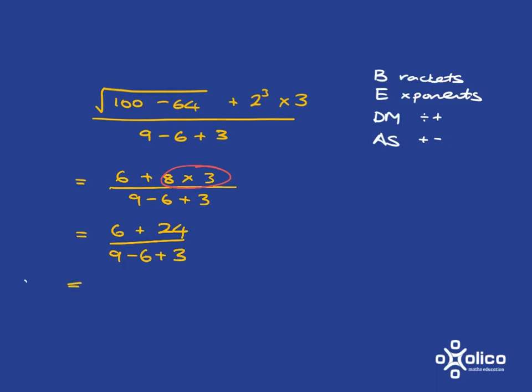So at the top of my fraction, I have 6 plus 24, which is 30. And at the bottom of my fraction, if I've just got addition and subtraction, I just work from left to right. So 9 minus 6 is 3. 3 plus 3 is 6. So I've got 30 over 6. And now 30 over 6, well, 30 divided by 6 is 5. Remember, your fraction line just means division. So 30 divided by 6.